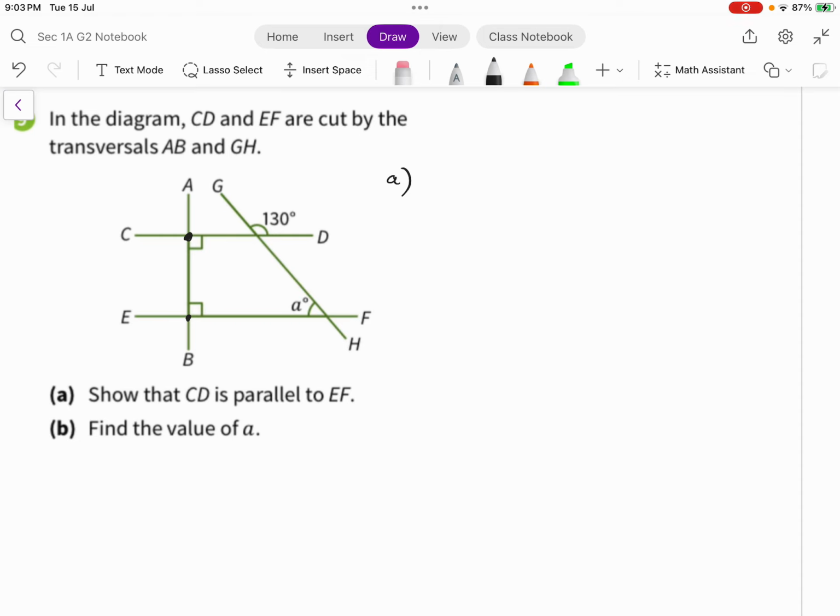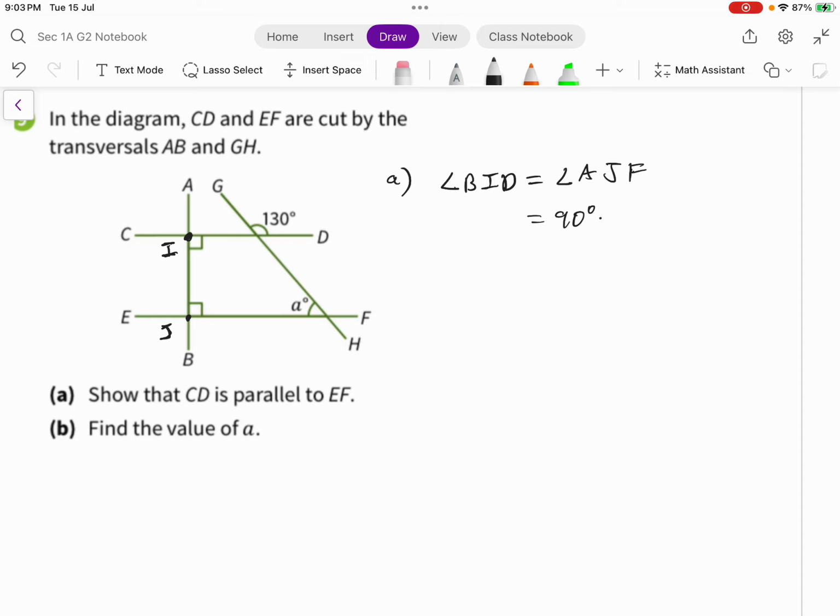So from here, what I'm going to do is A, B, C, D, E, F, G, H, I, J. Okay, I, J. Alright, so I'm going to label that angle BID equals to angle AJF, both 90 degrees. Okay.